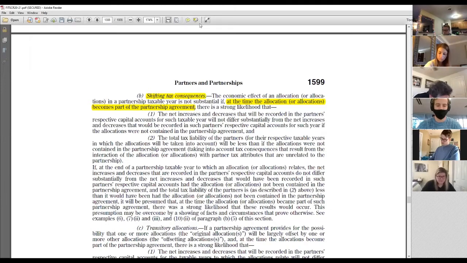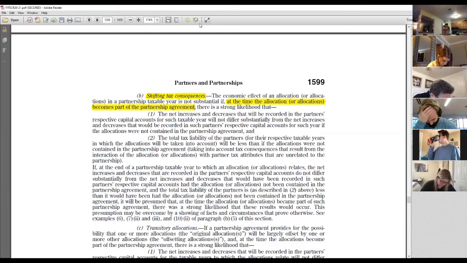For economic effect, we're testing generally at the end of the year to which the allocation relates. That's the significant time. For the alternate test, does it drive our capital account below 0? But here, we actually have to focus on the situation at the time the allocation became part of the partnership agreement. So if there's a single partnership agreement that has never been amended, you're going to test this at day 1, or when the partnership agreement is signed.